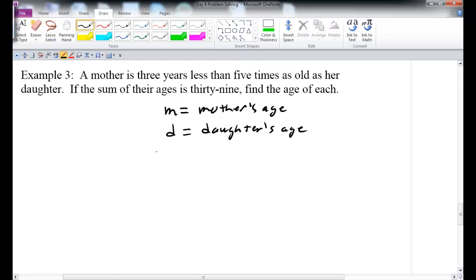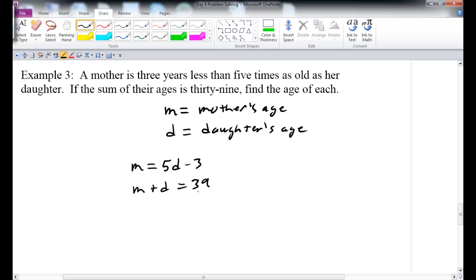So mother is, remember M equals, mother is 3 years less than 5 times as old as her daughter. So 5 times as old as her daughter would be 5D. 3 years less, minus 3. The sum of their ages is 39. So we would have M plus D equals 39.